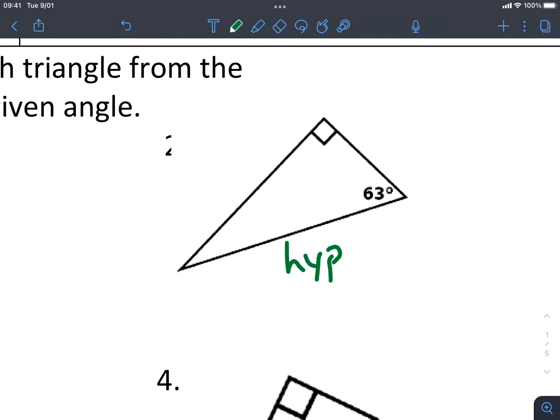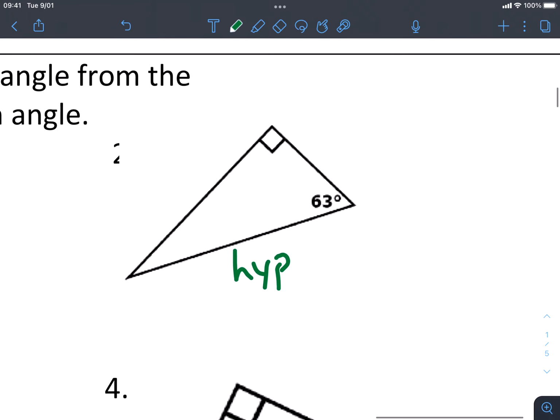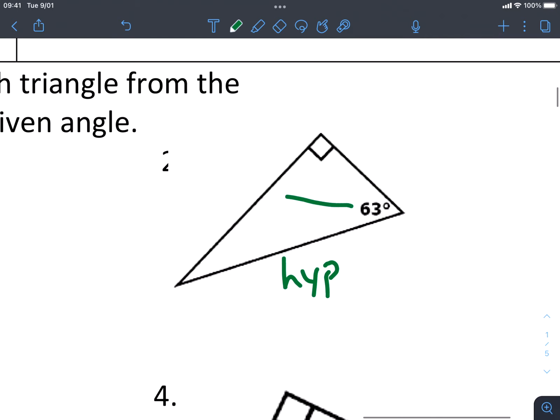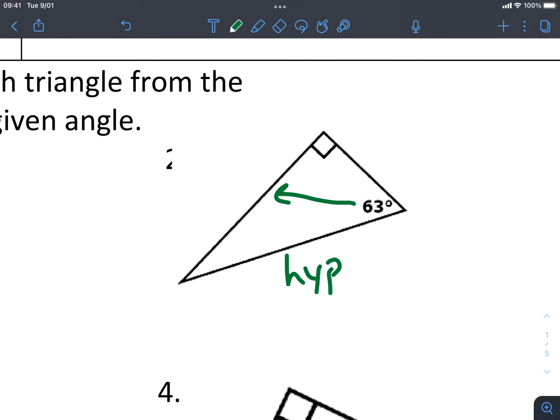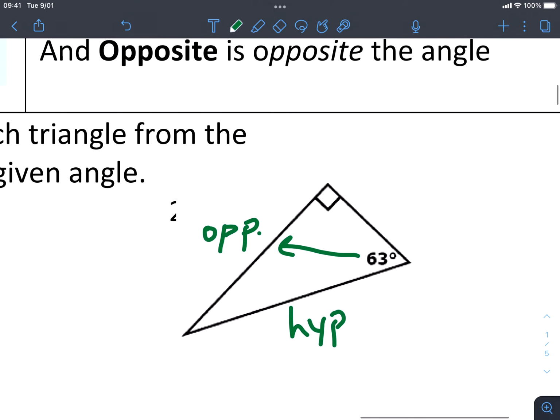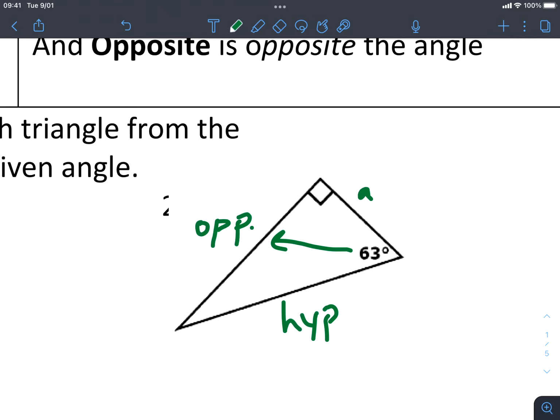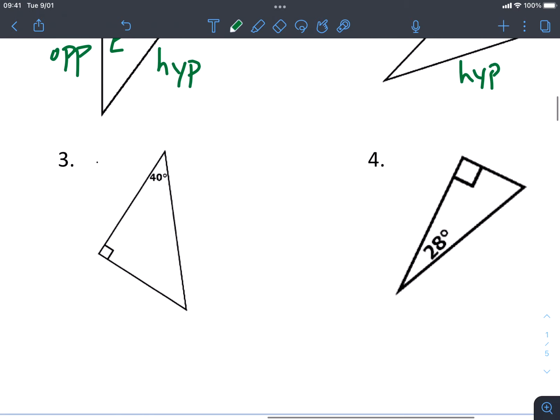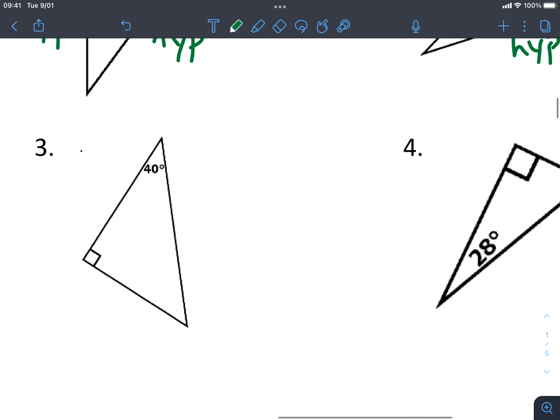For the opposite side of my given angle, this is OPP, and my adjacent would finally be my third side that is next to my angle. Again, my hypotenuse is always my diagonal.